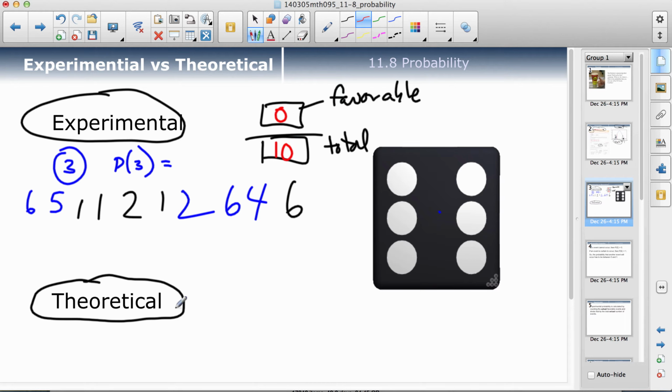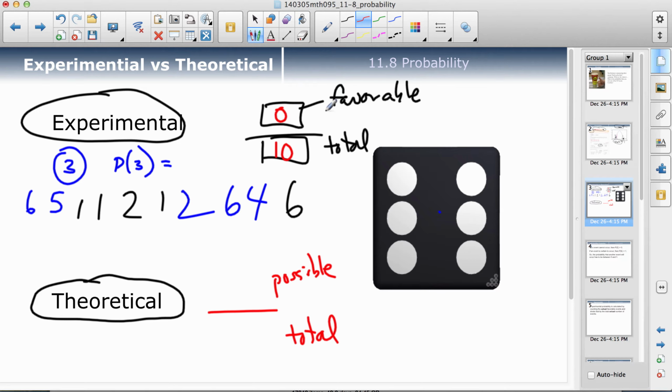Now, if I look at it theoretically, I'm looking at possible things on top over the total things on the bottom. Whereas experimental wasn't possible things, it was actually how many did happen.